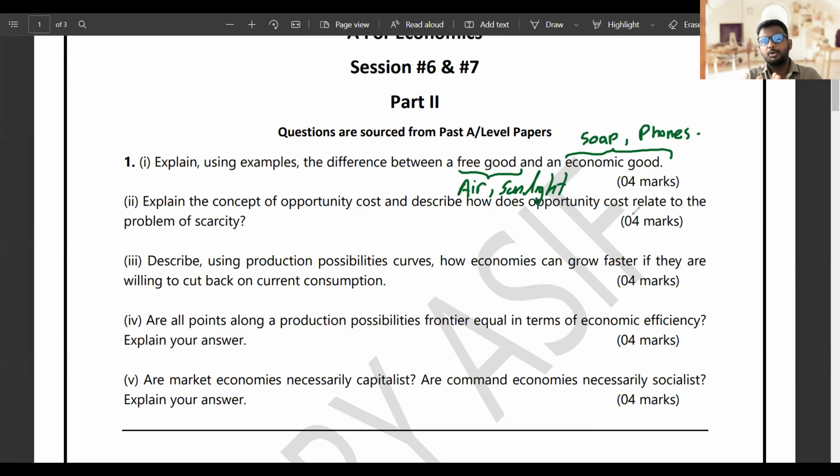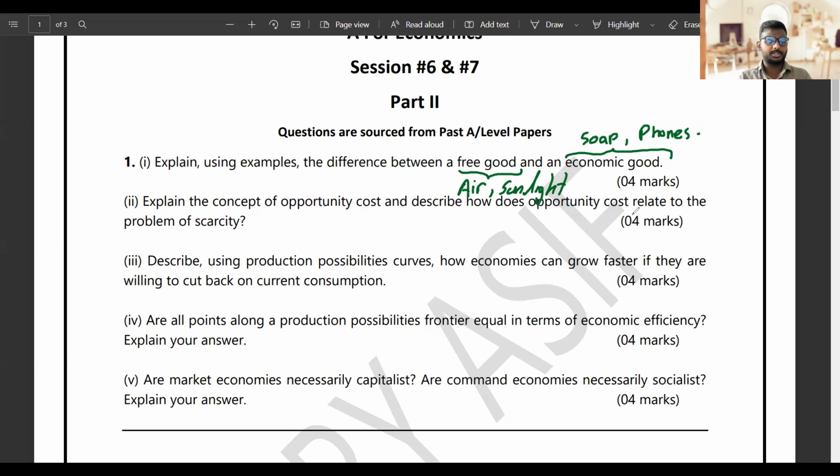They are giving you 4 marks, so at least you need to write 3 differences. One difference would get you 1 mark, and then you'll be giving the examples. That will get you 1 mark. So in that way, you'll be getting the whole 4 marks here. 3 differences, that means 3 points showing the difference between free and economic goods, and the examples would get you 1 additional mark, in total 4.